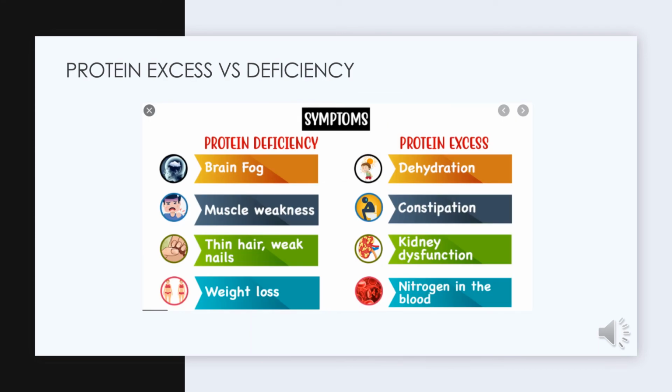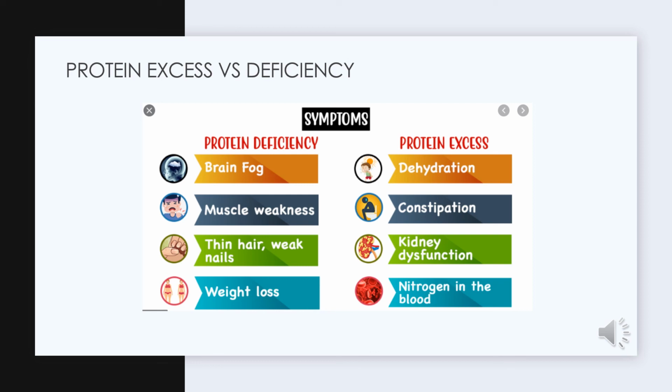So this slide tells us a little bit about protein excess versus deficiency. We can have not enough, which is our deficiency, and these people may have muscle weakness, thin hair and weak nails, and they may have some weight loss, there may be some brain fog. You might see this a lot in pregnancy. Women may not be taking in enough protein because now they're also growing a baby.